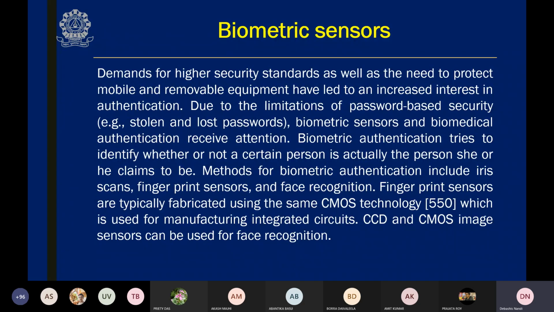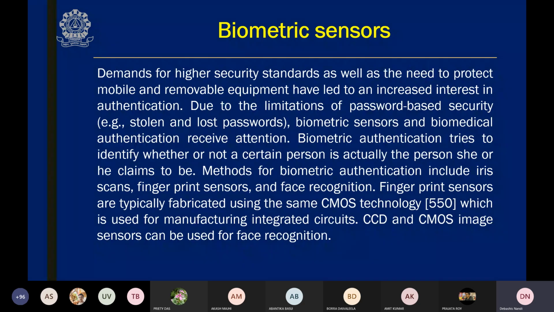So you have to put it at the same angle, then it will be easily analyzed and opened. Otherwise, you have to try again and again, 3 times, 4 times, 5 times, for unlocking your computer or your mobile. So this kind of problem may occur if you use biometric sensors.